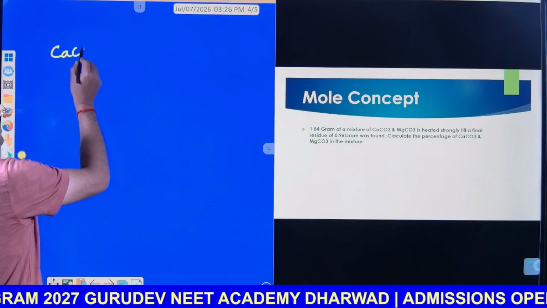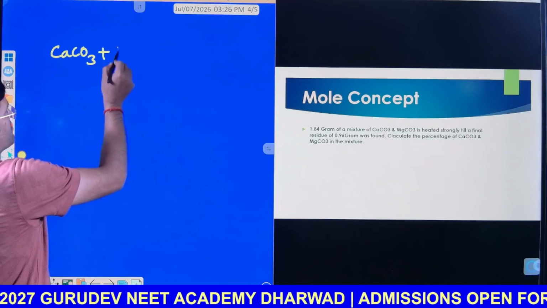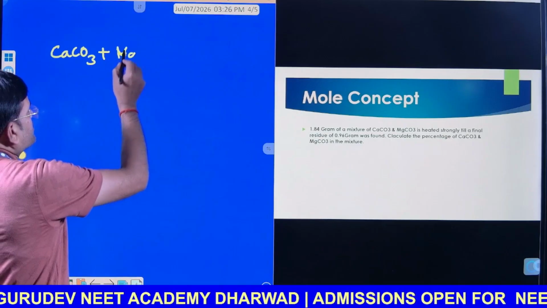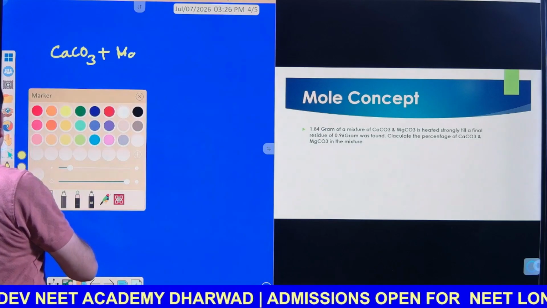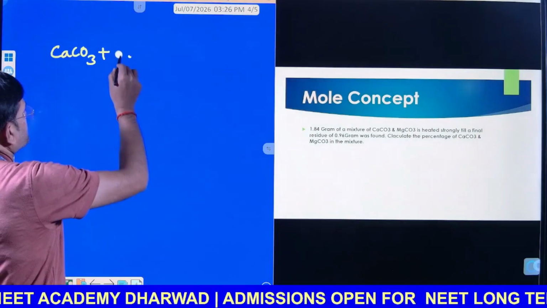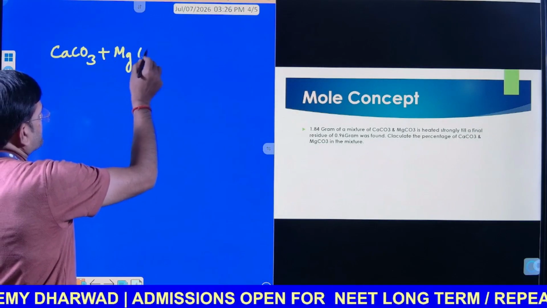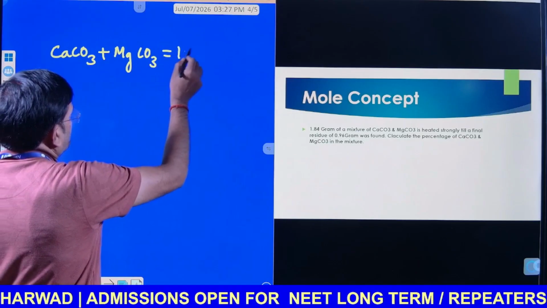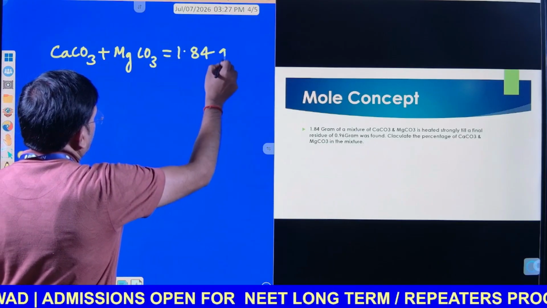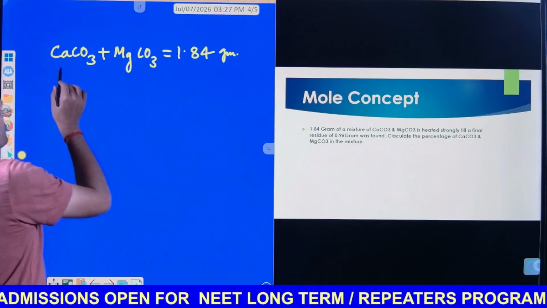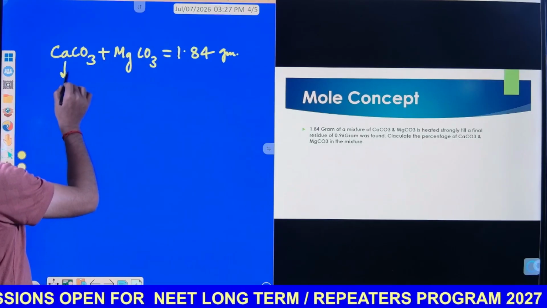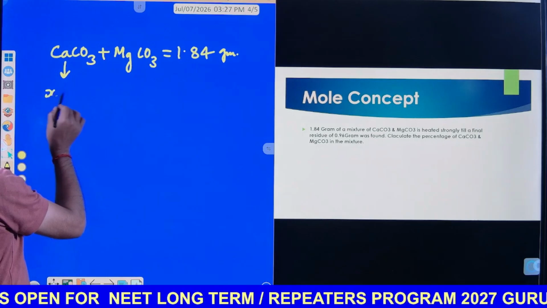Calcium carbonate plus magnesium carbonate is equal to 1.84 gram. Let us assume this is x gram.